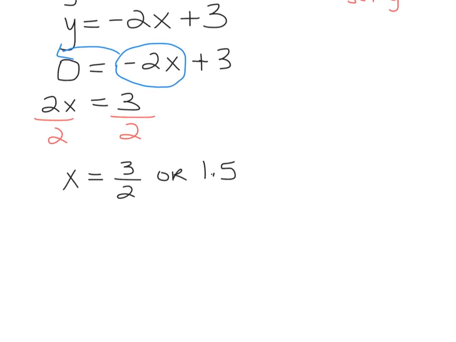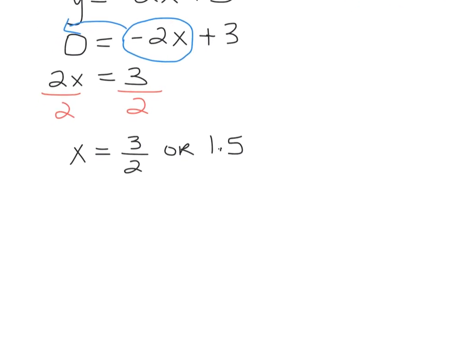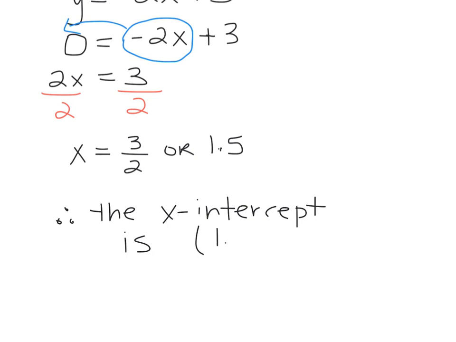And so I'm going to write a therefore statement that has my x-intercept given as a coordinate point. So I'm going to say, therefore, the x-intercept is 1.5 and 0.